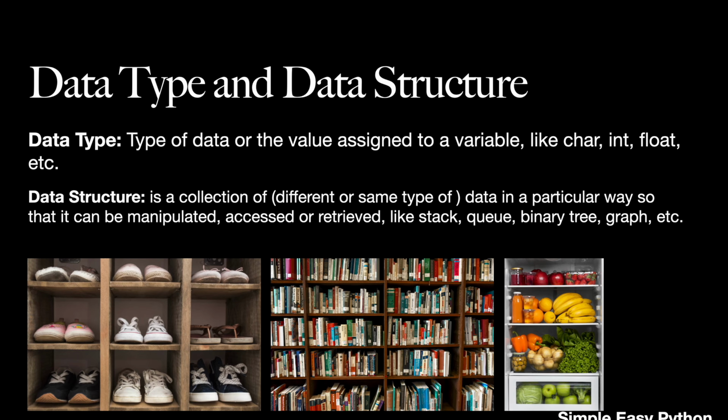These books may be related to different subjects. The same goes for the refrigerator. So it was a very simple example just to explain this. So a data structure can be imagined as a container which is going to hold the data. Now let us move forward.